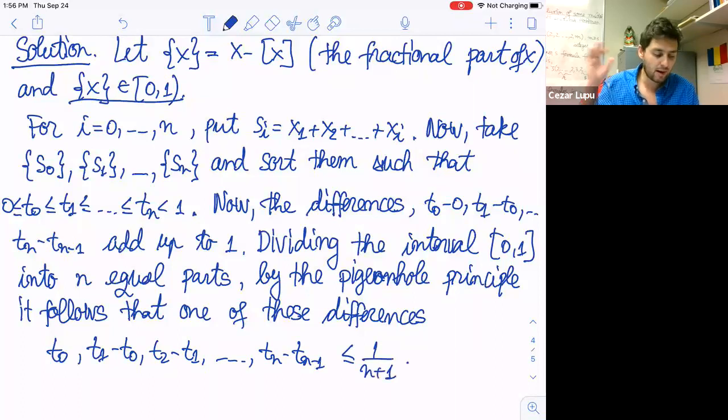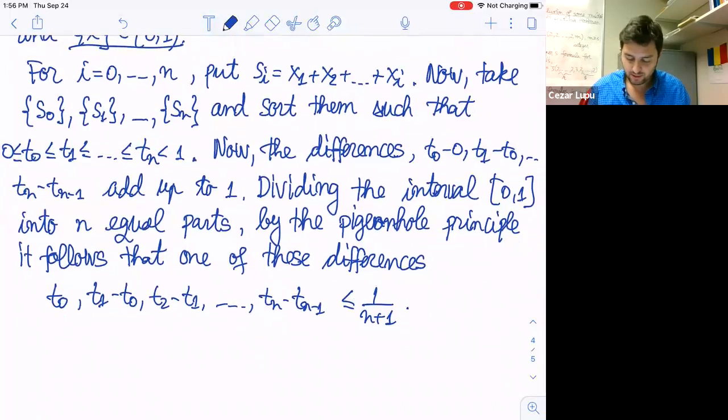Well, I divide this into n plus 1 equal parts.